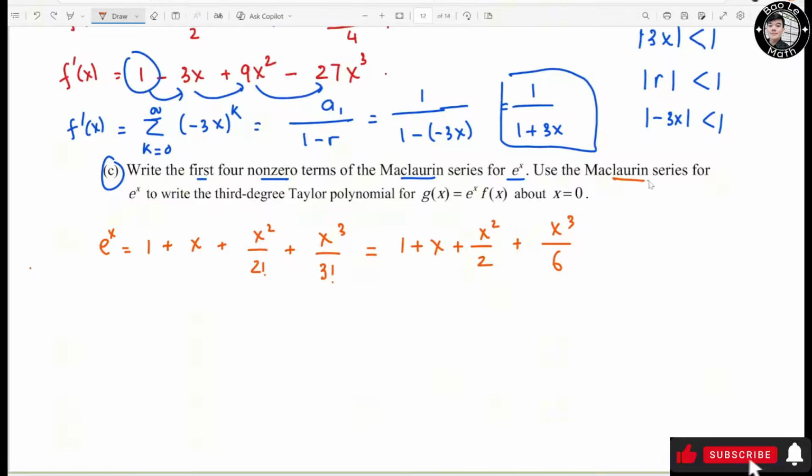Now use the Maclaurin series for e to the s to write the third degree Taylor polynomial for g of s equals e to the s times f of s about s equals 0.